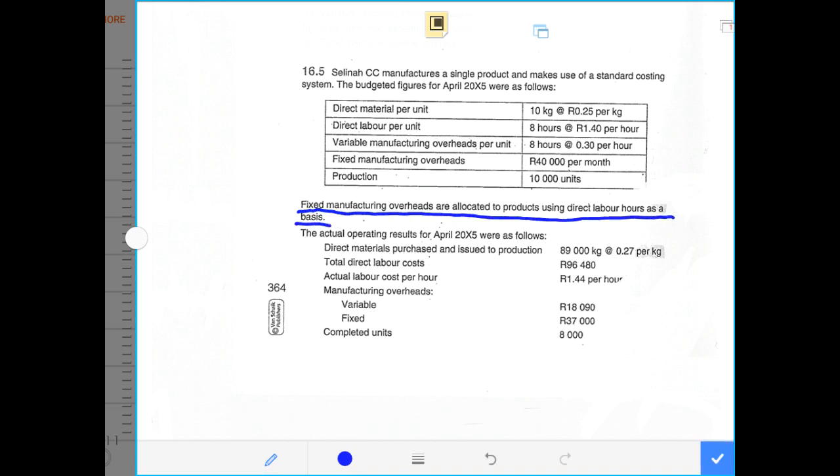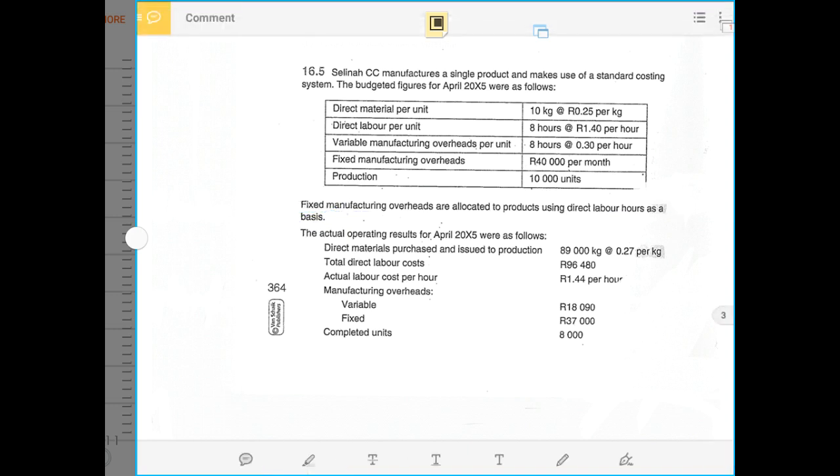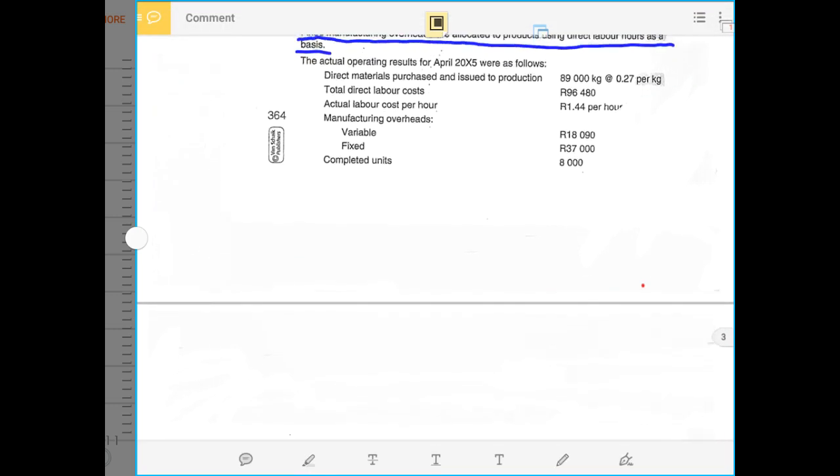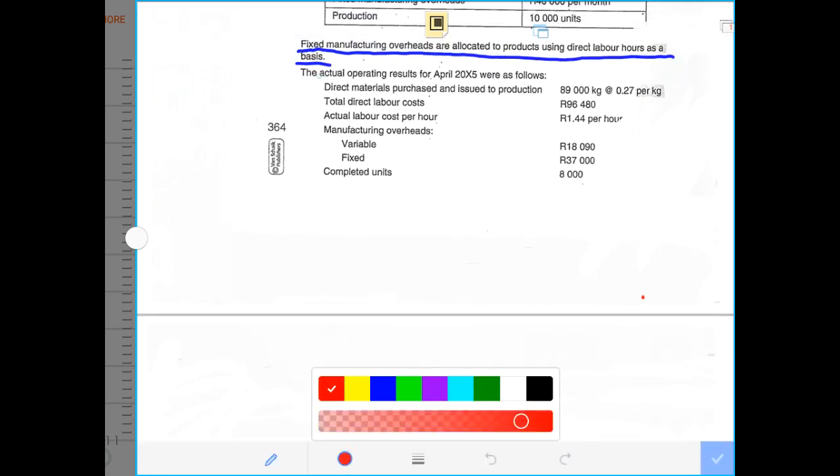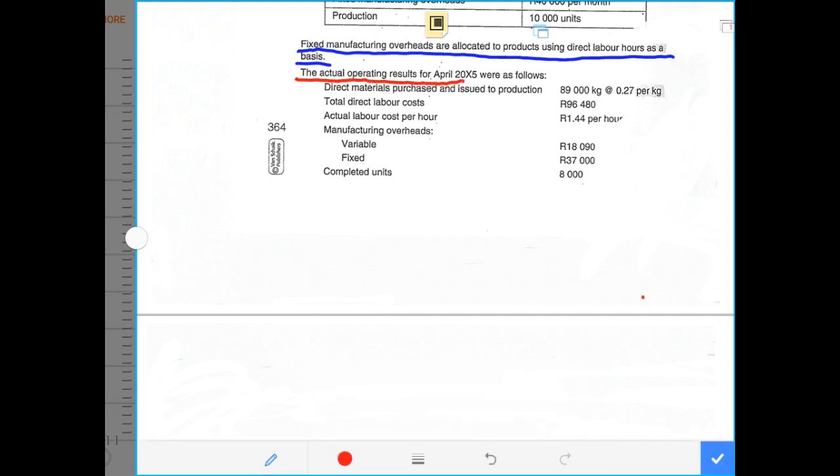As I showed you in the variances, for fixed overhead and variable overhead, we use a base, which is direct labor hours, to allocate our overheads. In the next part, they say the actual operation results for April were as follows.